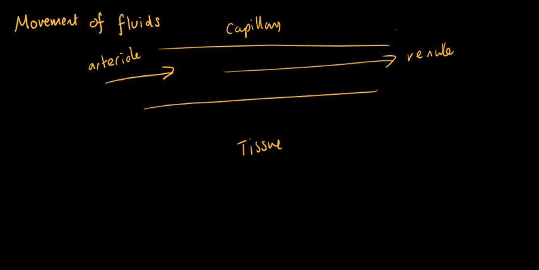Okay, so there is one type of pressure that is exerted on the tissue, and that is called hydrostatic pressure. So hydrostatic pressure is the pressure that the blood has against the capillary wall.